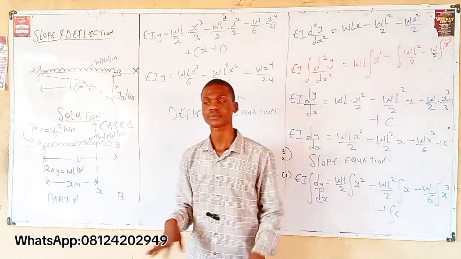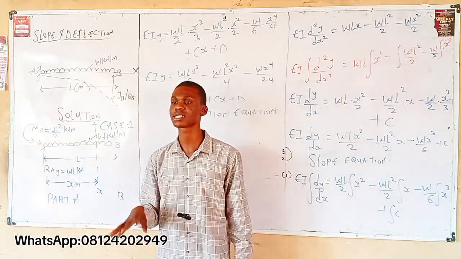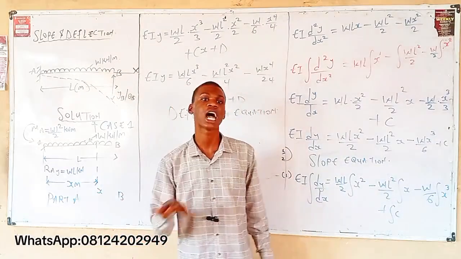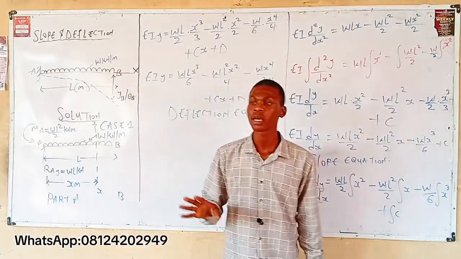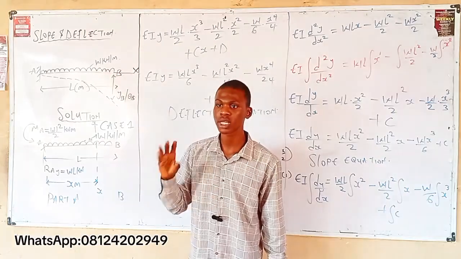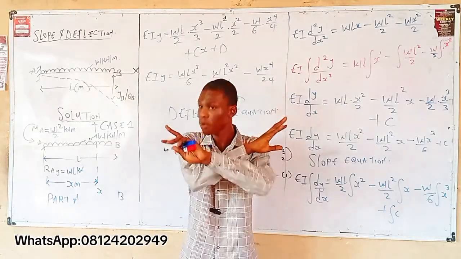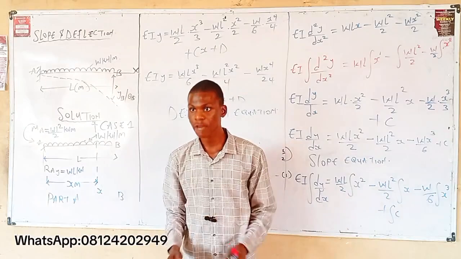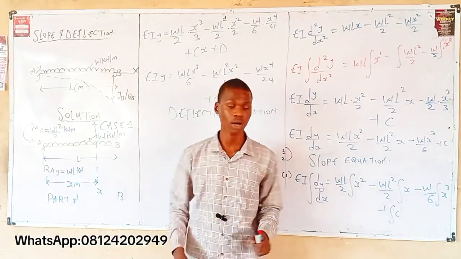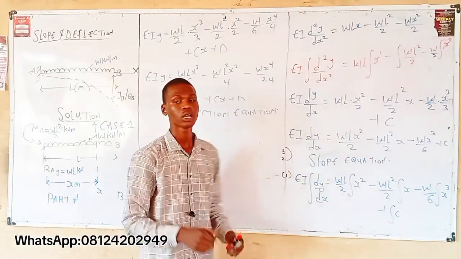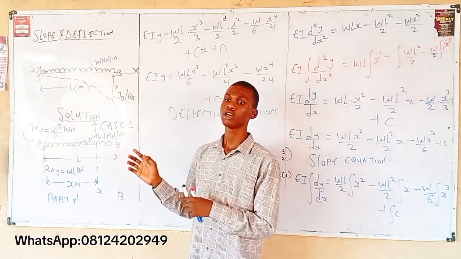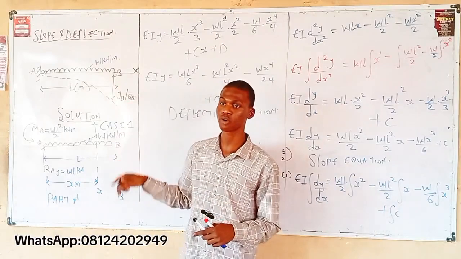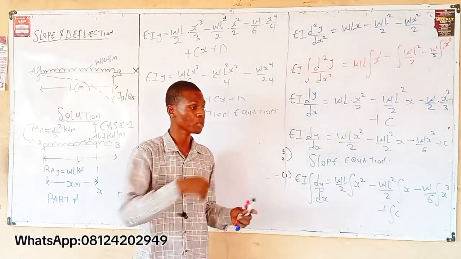Are you getting me? So what we are saying in essence is that the double integration method helps you to derive a constant formula for your beam. Meaning for a similar question related to this beam, this becomes the formula. It does not change. If you go to Google now, after you solve it, search the deflection of a cantilever loaded with a UDL, you will see that the formula Google brings is the same as what we'll be getting.